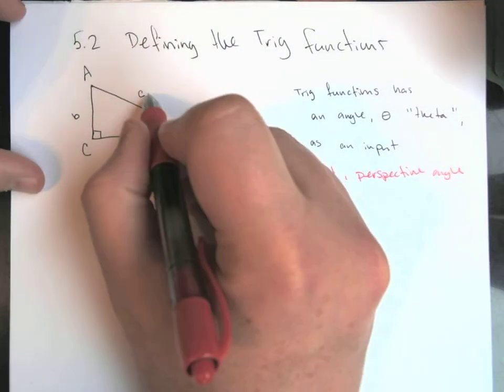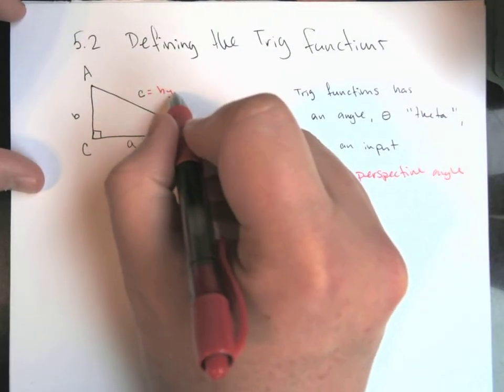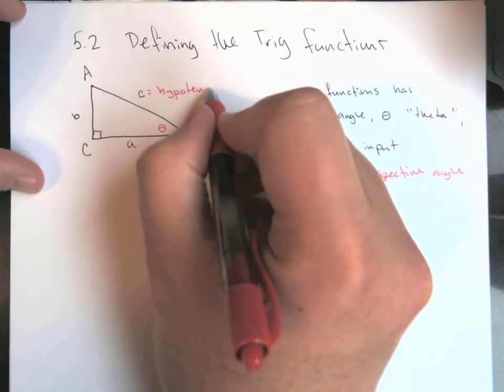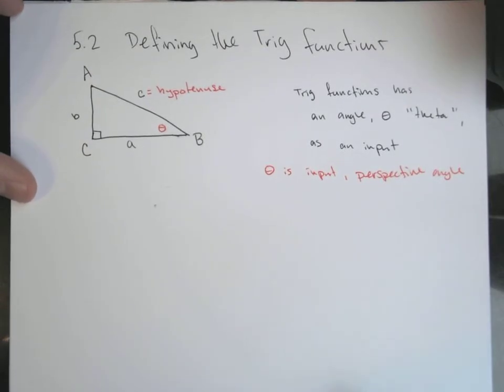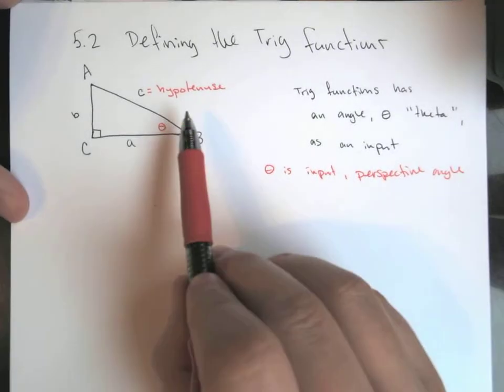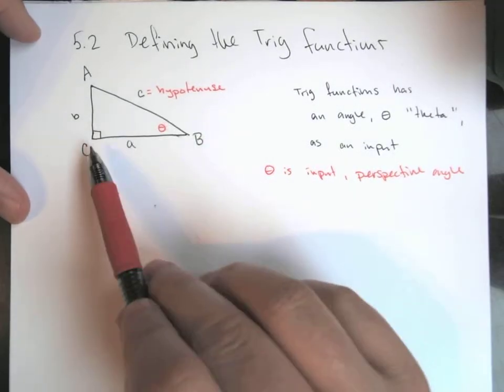We said already, right, that the long side, side C, is our hypotenuse. So that's going to be our long side. And then the other two sides, A and B, I mentioned briefly, they're either going to be the opposite or the adjacent. And that's going to depend on which is which, based on what our perspective is. The way that I think of it is I always identify the hypotenuse first because it's not going to move, right?